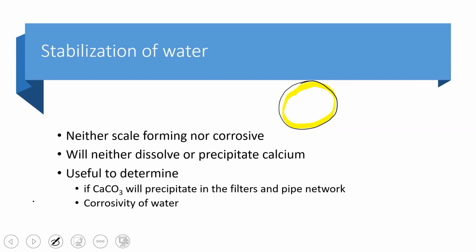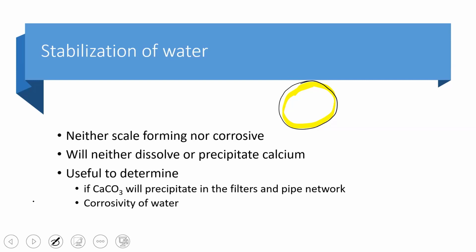So we want water that is neither scale forming nor corrosive, and we don't want water that dissolves or precipitates calcium. We want to maintain some essential small amount of precipitate coating that forms, but not too much. And we don't want water that is corrosive.